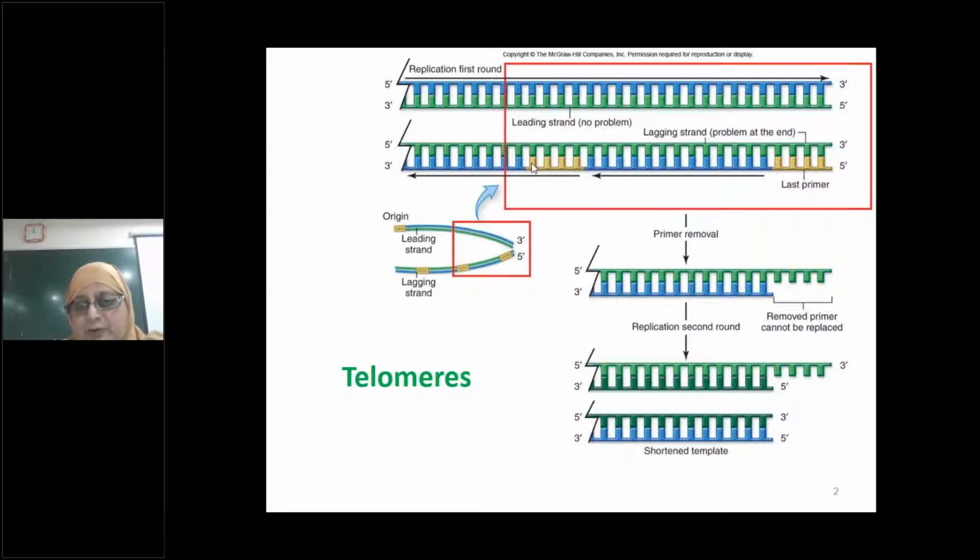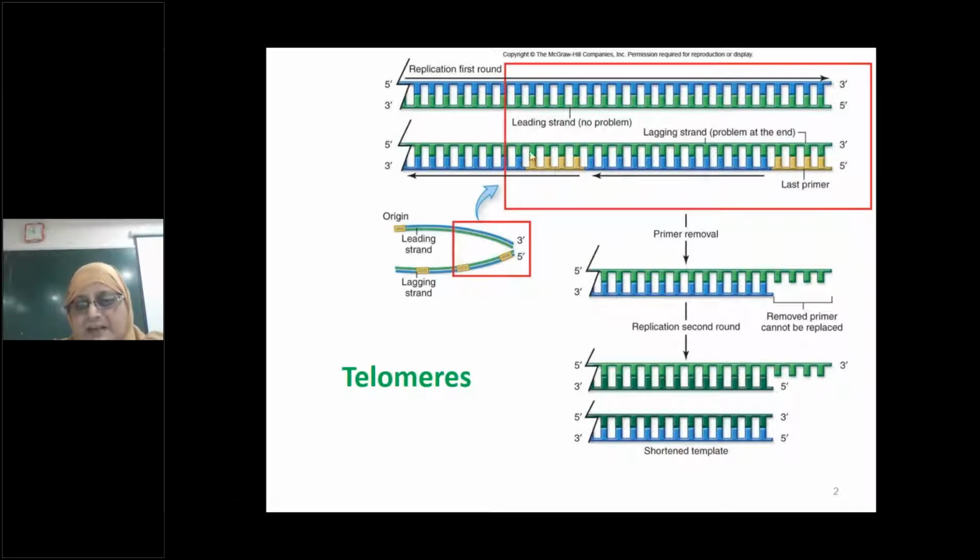So this is the primer over here onto which nucleotides are being added. This is occurring in the 5' to 3' direction. But when the last primer is there to which the nucleotide is adding, what will happen?